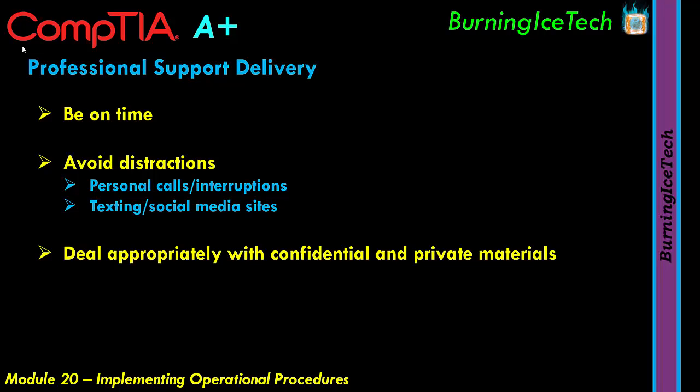So if a customer has a laptop or a desktop, and on that laptop or desktop there are documents open on the screen, private or confidential documents, what is the correct course of action here, guys? So they ask you to work on the machine. The first thing you should do is ask the customer or the client to close any private or confidential documents. Tell them to save the stuff. So tell them, sir, ma'am, anything that's confidential or private, can you please save it and close it?